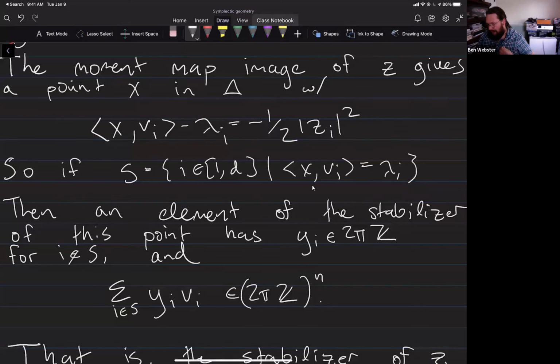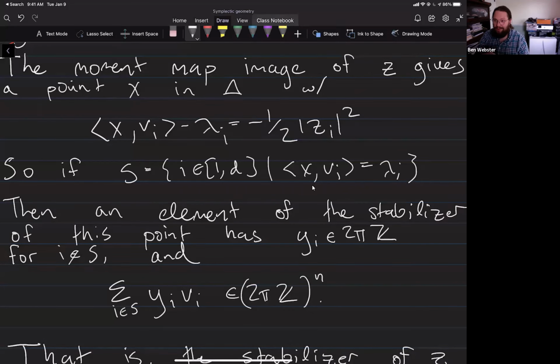So I have to have that YI is in 2 pi Z if I is not in S. And on the other hand, the condition I need for these guys in S is that YI times VI, if I sum those up over the elements of S, has to lie in 2 pi Z. So on the coordinates that are zero, the YI is allowed to be non-zero.